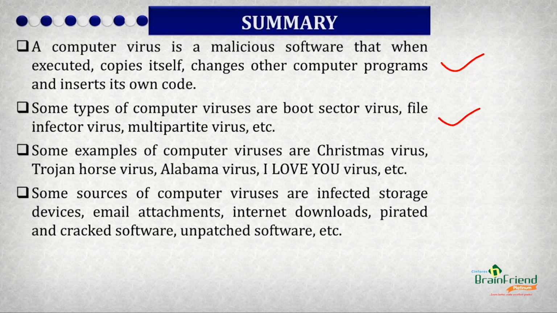We also learned that some examples of computer viruses are Christmas virus, Trojan horse virus, Alabama virus, I love you virus, and so on. And finally, we learned that some sources of computer viruses are infected storage devices, email attachments, internet downloads, pirated and cracked software, as well as unpatched software.